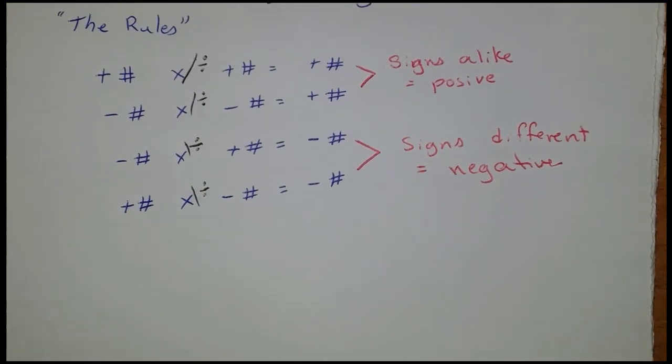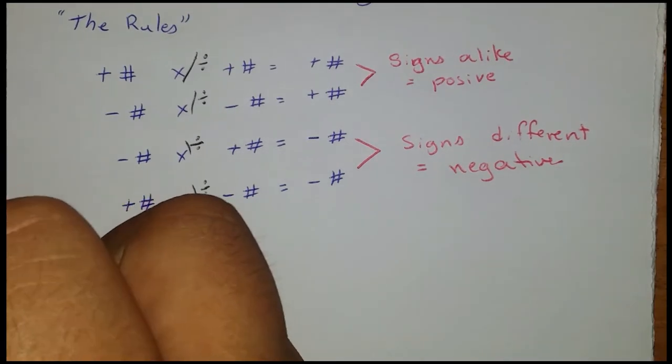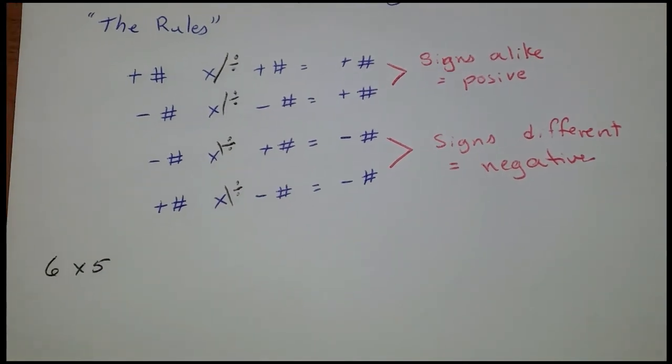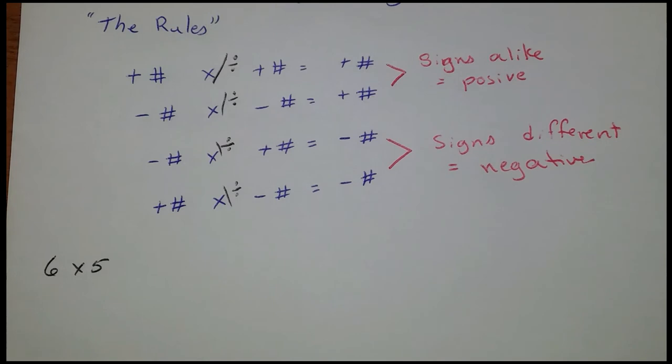If I have an example here, let's go with 6 times 5. We have that the 6 is positive and the 5 is positive. Now, don't get confused. Don't think that this will give you a negative because we're dealing with integers.